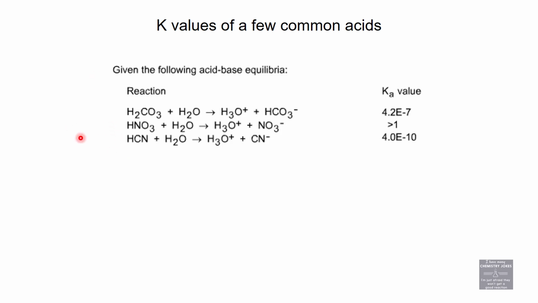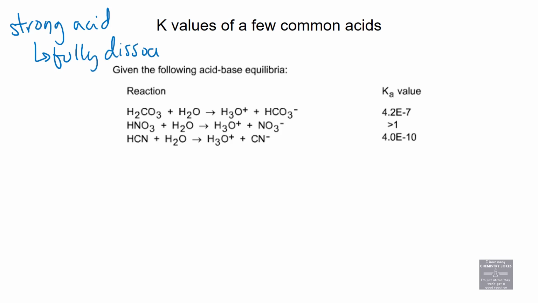So how does that relate to what we're going to discuss? Well, it means that I can rank these acids in terms of strength. As you may recall, strong acids dissociate completely. So to be strong means fully dissociated. And so fully dissociated acids are going to have large K values.